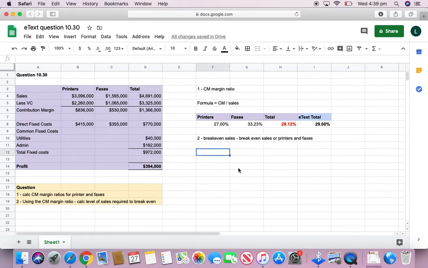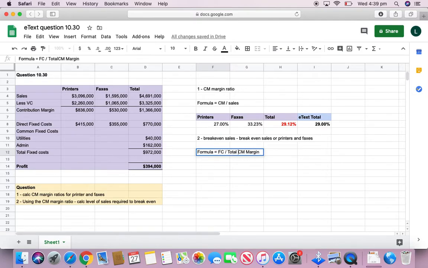All right, so for the break-even point, first I'll write the formula down so my brain doesn't fry. We go fixed costs divided by our CM ratio.